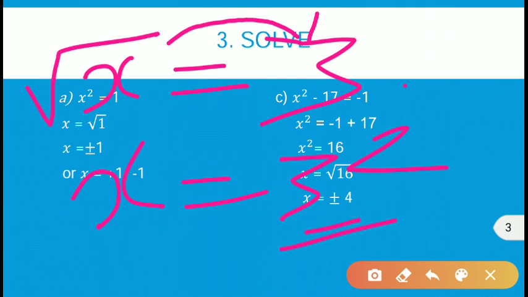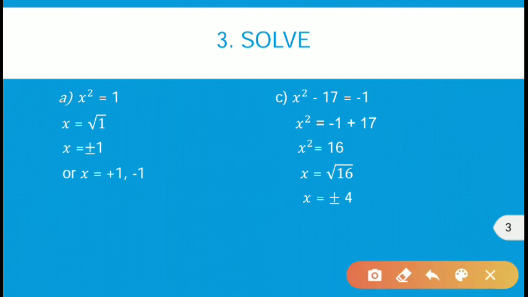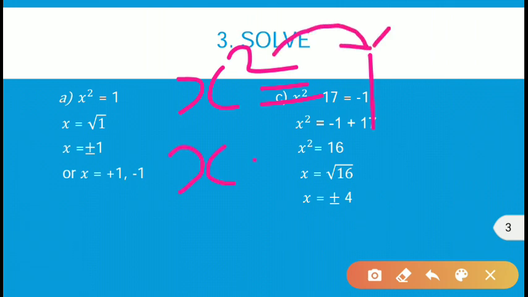In the same way, as plus converts into minus and minus converts into plus, square will convert into square root and square root will convert into square when moved to the other side. So the first question is x square is equal to 1. When we transfer this square to the other side, this can be written as x is equal to under root 1.